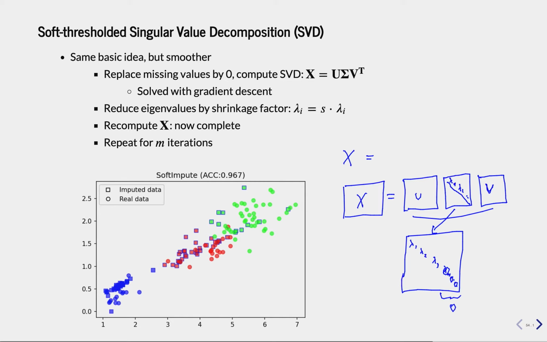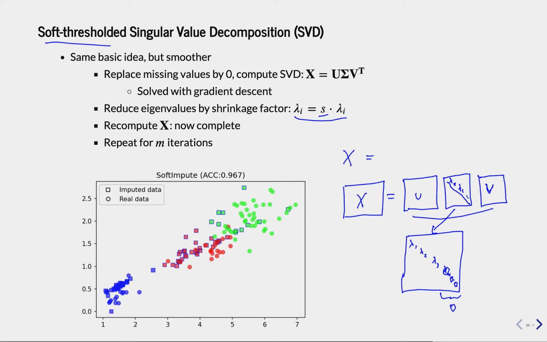In this case, we use something called soft thresholding. And that means that instead of setting these to 0, what we do is we update the value of these eigenvalues with a shrinkage factor or a learning rate, S. And so every time these lambdas will get smaller up to some point, and this will then gradually go towards an optimal solution that you want to use.